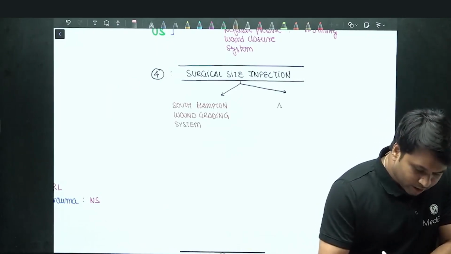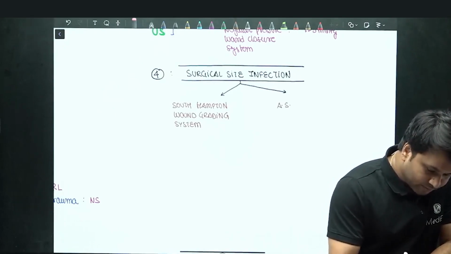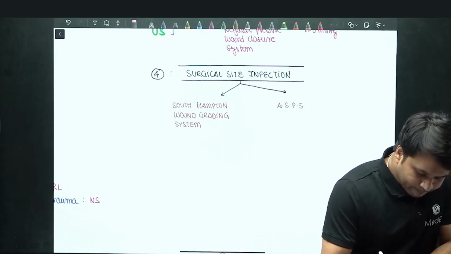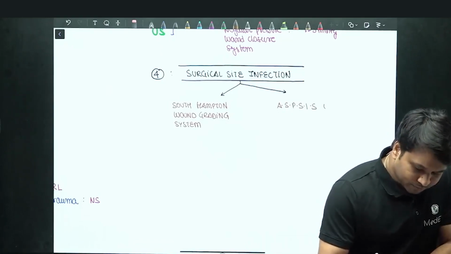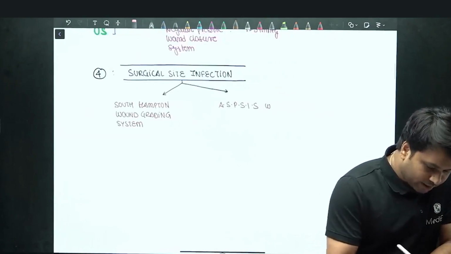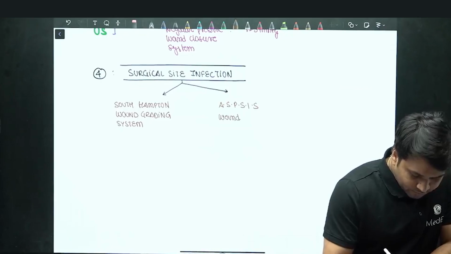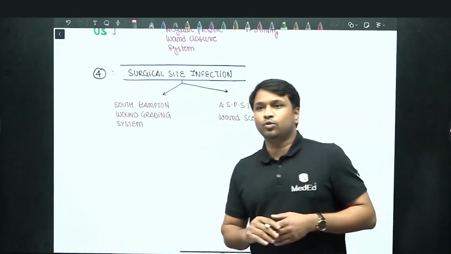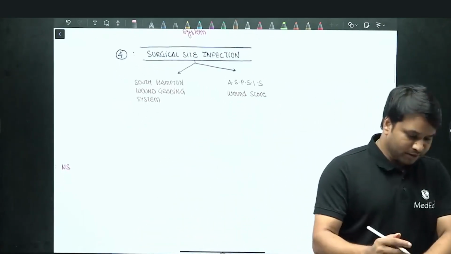Another one is going to be your ASEPSIS wound score. Talking about the ASEPSIS wound score. So when you talk about the Southampton wound grading system and the ASEPSIS wound score, दोनों के बीच का जो differentiation criteria वो देख लेते हैं.